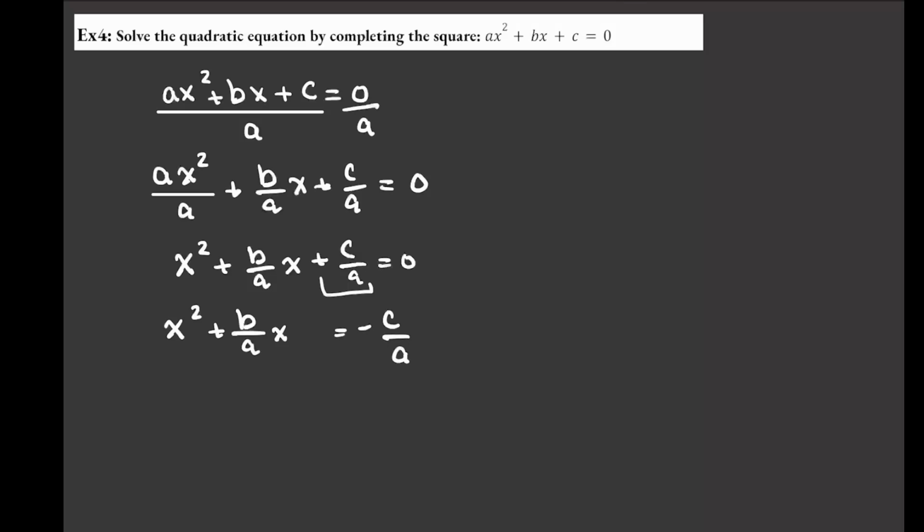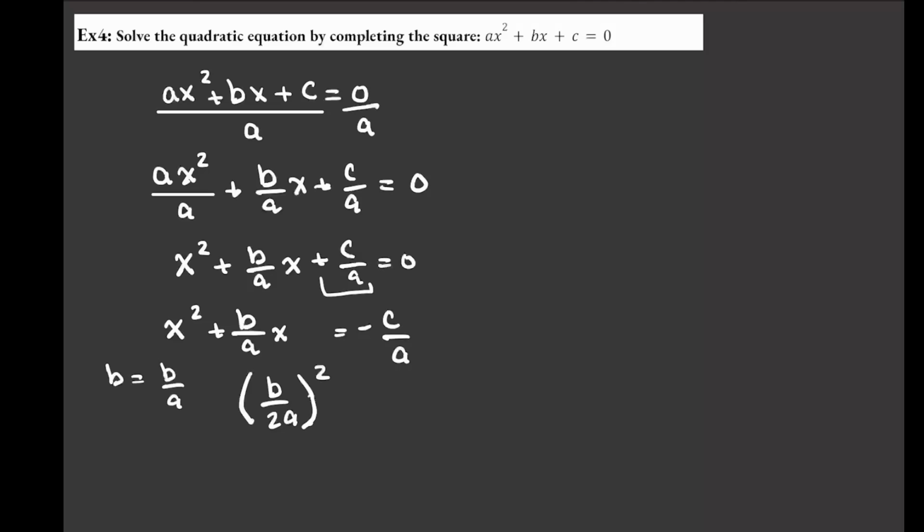So subtracting c over a from both sides would obtain this equation. Now, my next step is taking the b value, where here my b value is equal to b over a, and I would multiply that term by 1/2. So multiplying that by 1/2 gives me b over 2a, and then squaring the result.